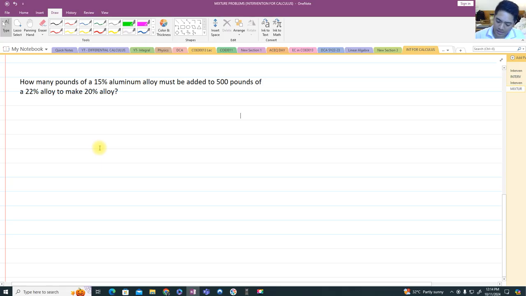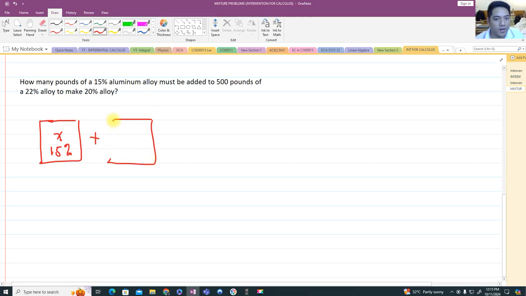We're going to apply the same concept as what we applied a while ago, and we are going to have a rectangle to represent the mixture. So how many pounds of 15%? That's x. We don't know how many pounds of 15% must be added to the 500 pounds of 22% to make an alloy of 20%.